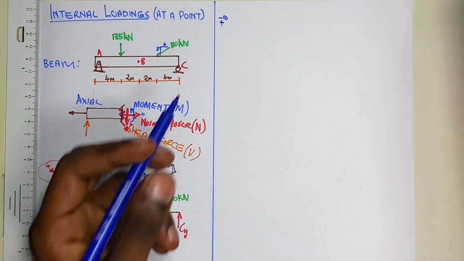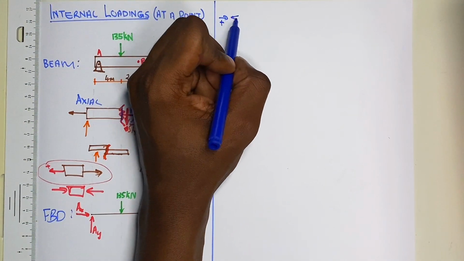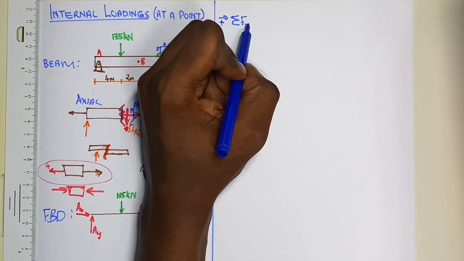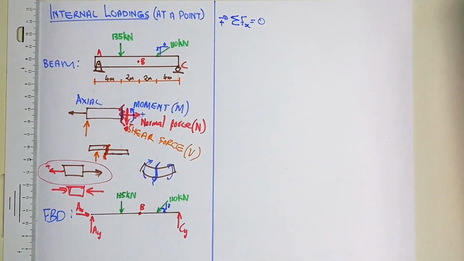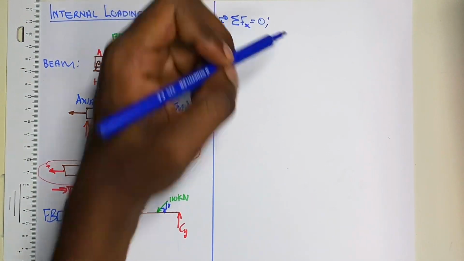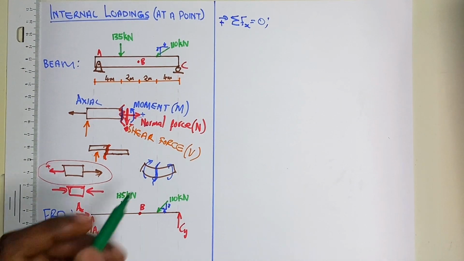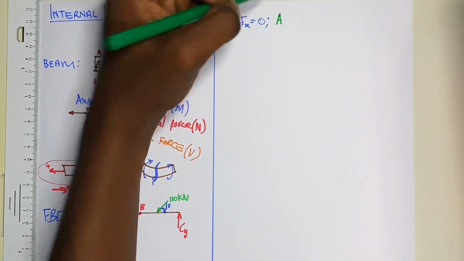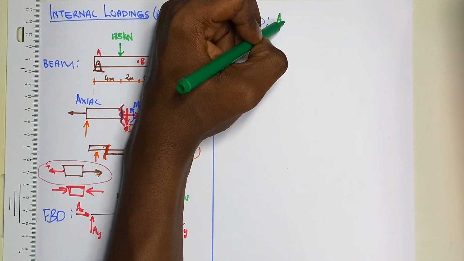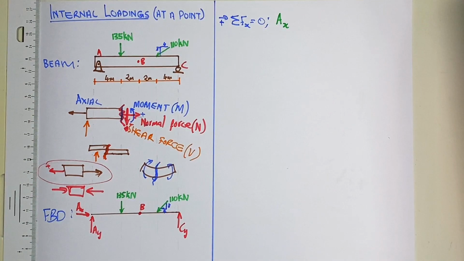With regards to equilibrium, you know that the sum of all forces in x must be equal to 0. Now, which forces are those? In x, I will have AX, which is acting in that direction, so in this case it will be positive.